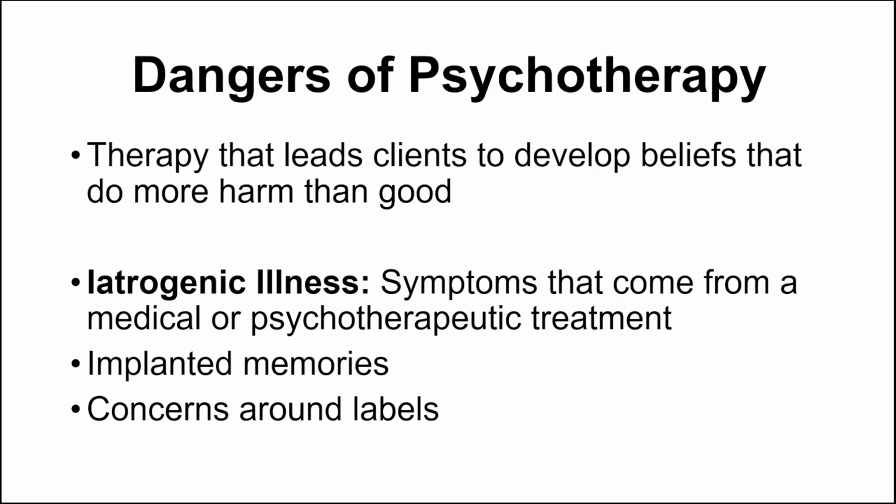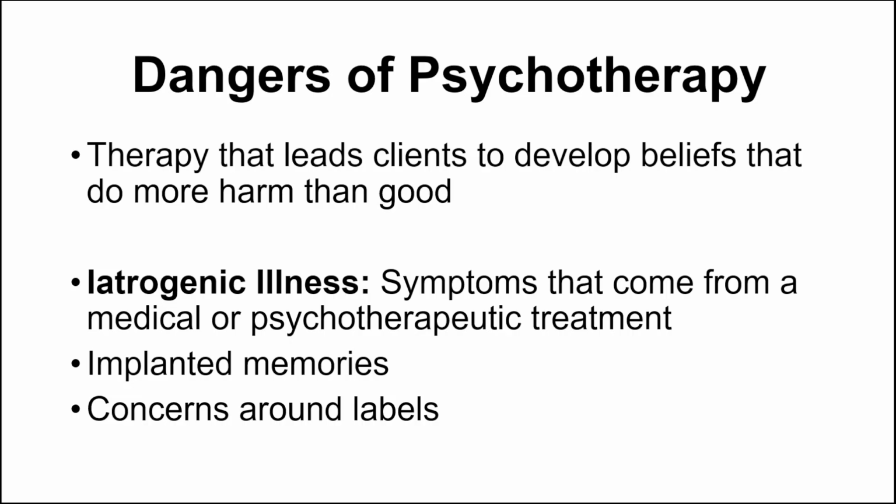But the idea being that if you receive a diagnostic label, there is the chance that you will change and modify your behavior to come more in line with that particular label. Basically, we have certain assumptions about what traits or qualities someone with that label has, and to try and keep things congruent or matching, we tend to adjust our behavior to be more in line with that label.